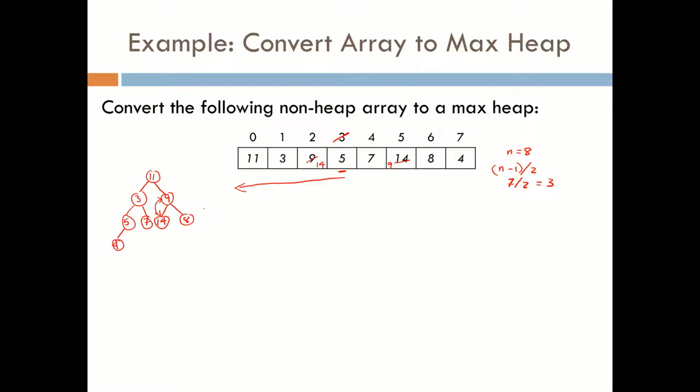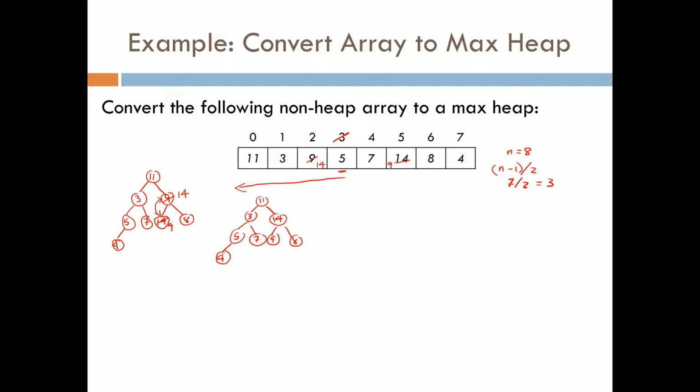As we do this, the tree now looks like the 14 is here and the 9 is here. So let's redraw. It's 11 and the 3, now the 14 and the 5, the 7, the 9 now, and the 8 and the 4.